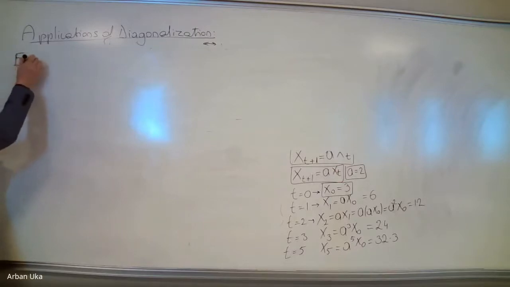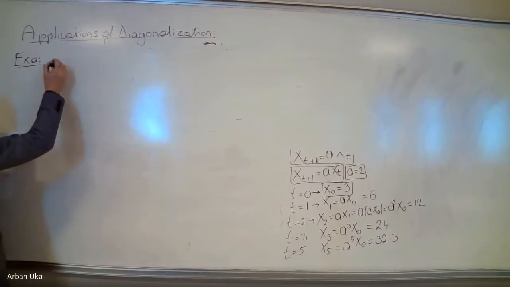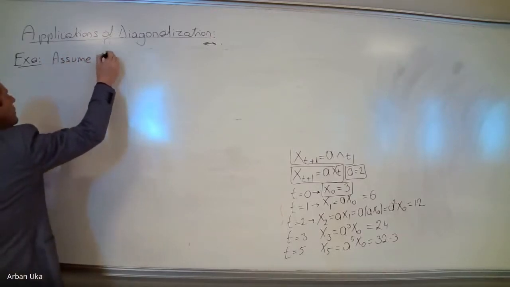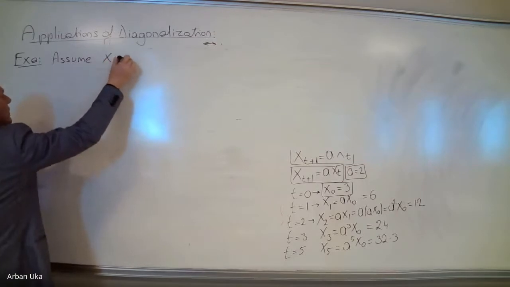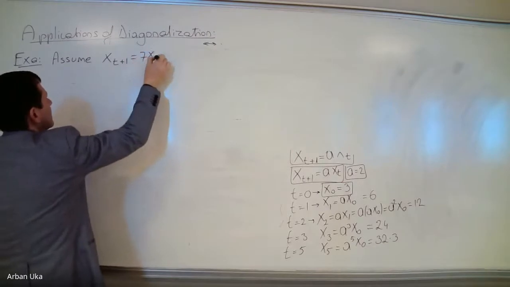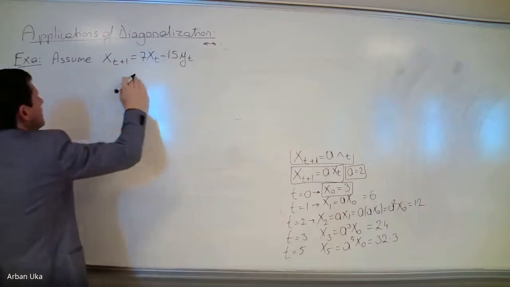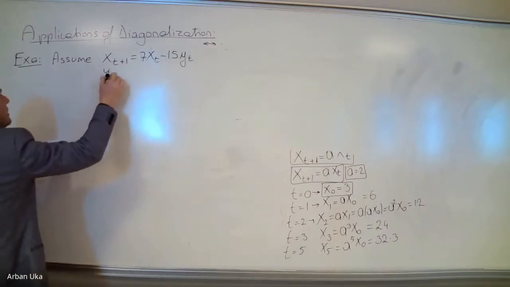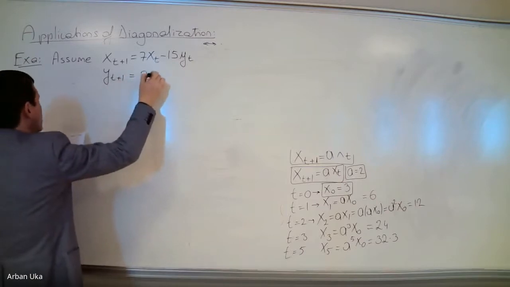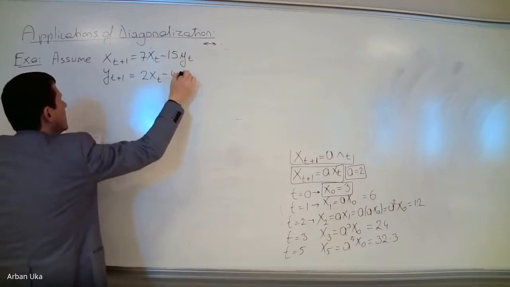So let's see this example. Let's assume that we have a variable x_{t+1}, which is equal to 7x_t minus 15y_t, and y_t depends on the previous coordinates, or the previous values of x and y, as such.